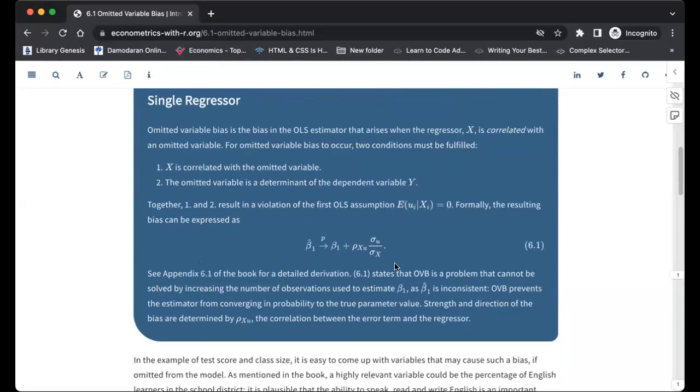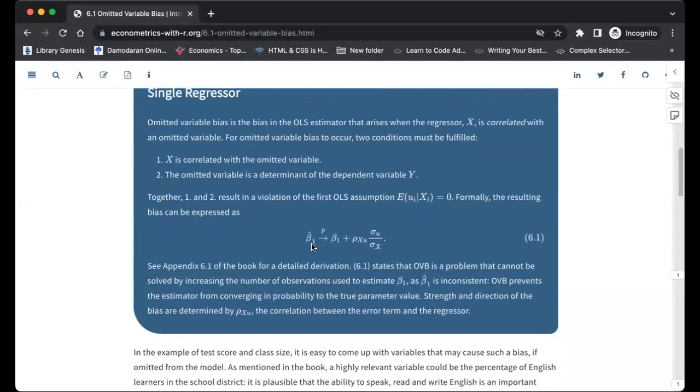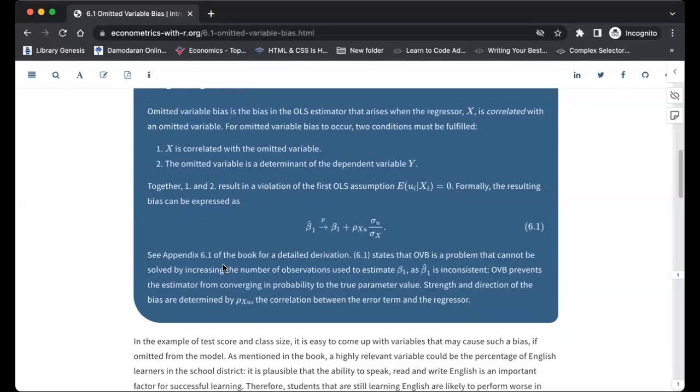In a more mathematical way, beta 1 hat converges in probability to the true beta 1 plus the correlation between the regressor and the error times the ratio of the standard deviation of the error to the standard deviation of the regressor. The derivation is explained in appendix 6.1.